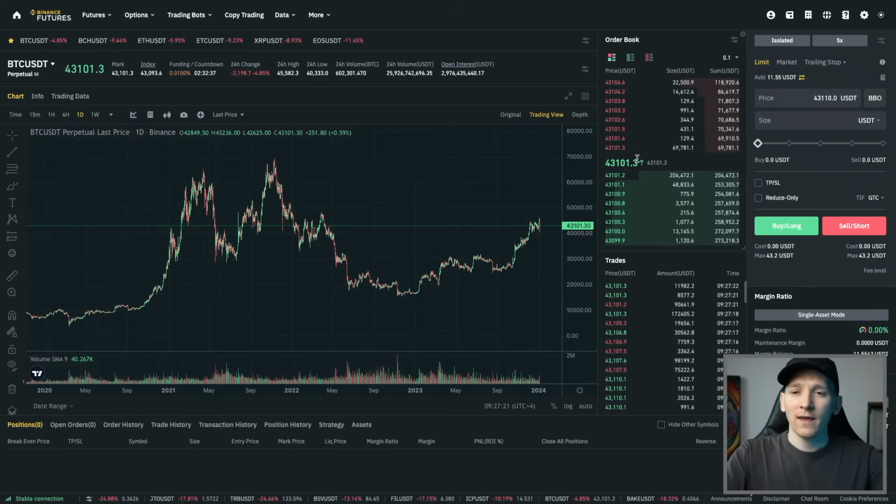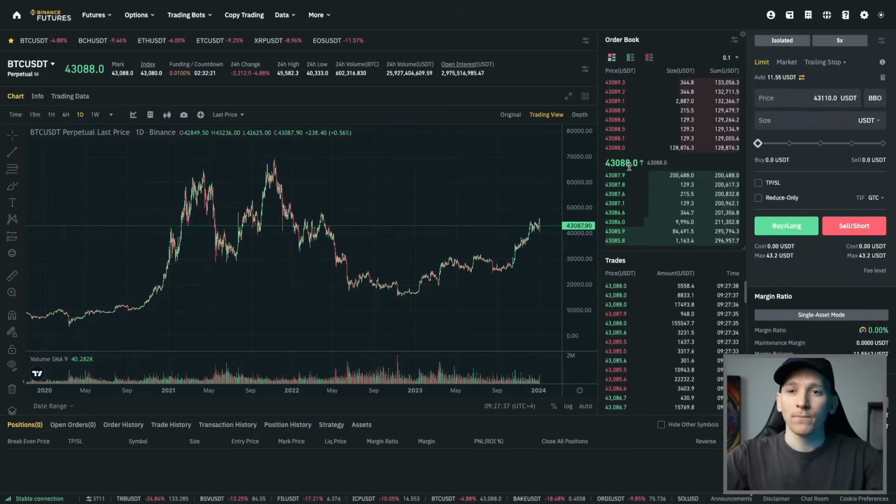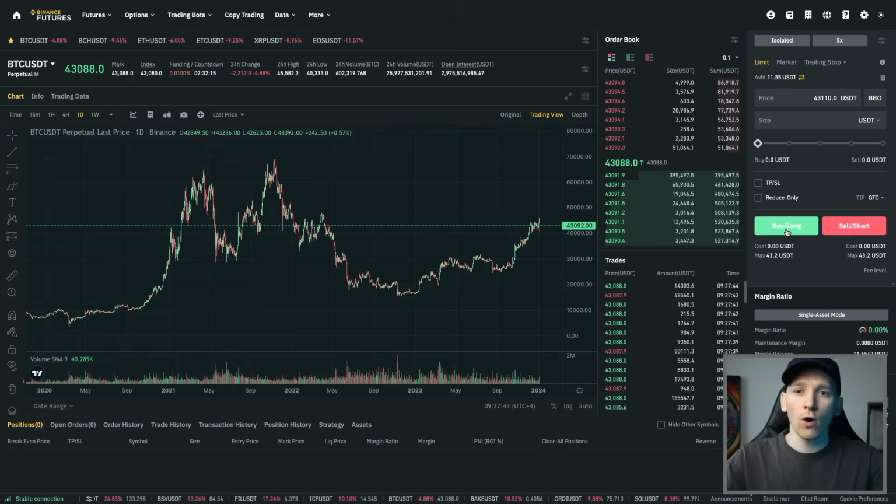We can take a position long, which means that we think the price is going to go up, but we can also take a position short, which means we actually think the price is going to go down. Now, we're not buying or selling any Bitcoin right here, so you can actually either go long or short just as you want to. So to sell or go short, you don't need any Bitcoin. To buy and go long, you don't need any Bitcoin. We're just taking positions on the price of Bitcoin.